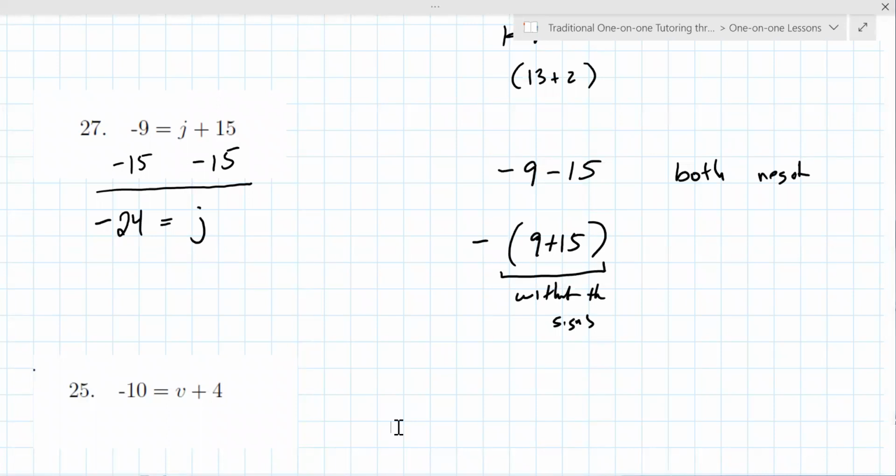Subtract. Negative 6. Okay, so did you subtract?